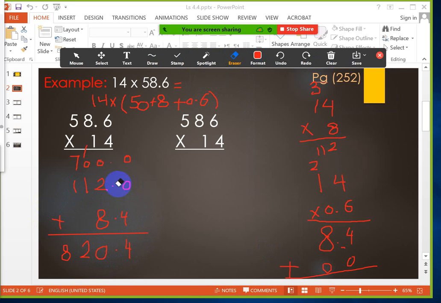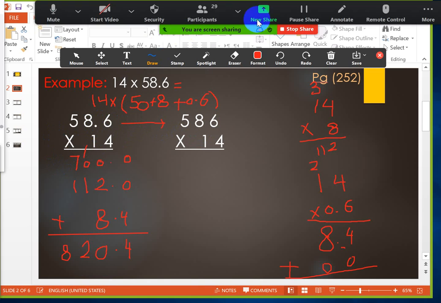Any question? This is how I will do it with expanded form. Now you can do it as we learned last lesson by using the place value. That means what I have to do: I have to move the decimal point from this number. How will I do that? By using the pattern.